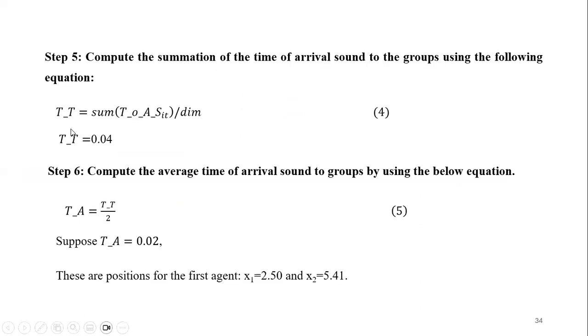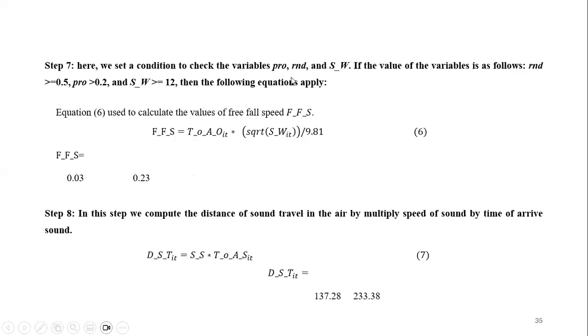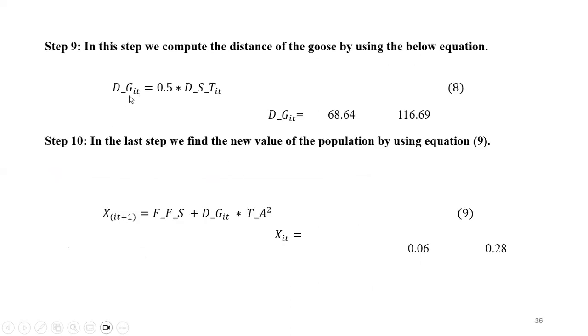Then we will find the sum of the time and the average time, which is reduced, and then we update every single agent's position by finding the free fall speed, the distance of the sound travel in the air, and the distance of each goose from the main leader. So we do this for each agent and we update its position through equation 9 in this case.